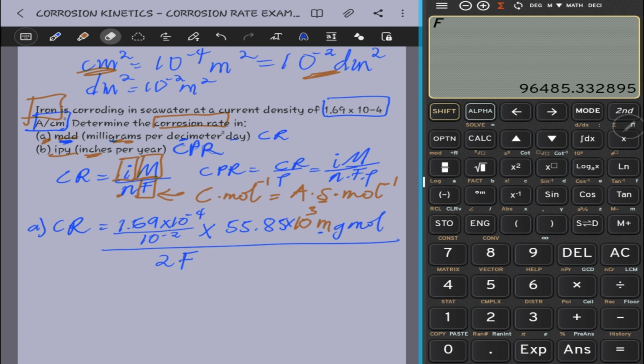So this Faraday's constant has a second, which is a numerator. Let me write this here. Faraday's constant unit is ampere second per mole, meaning the second is a numerator. The time in the unit that we want is in days, so I have to change it to day.